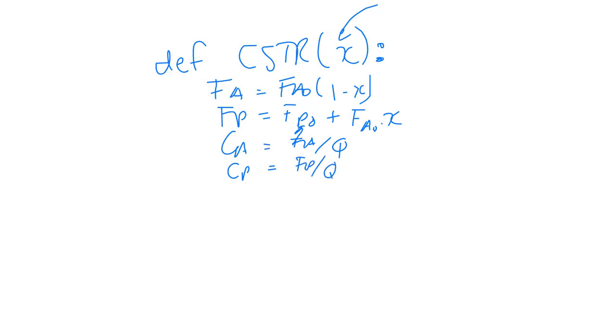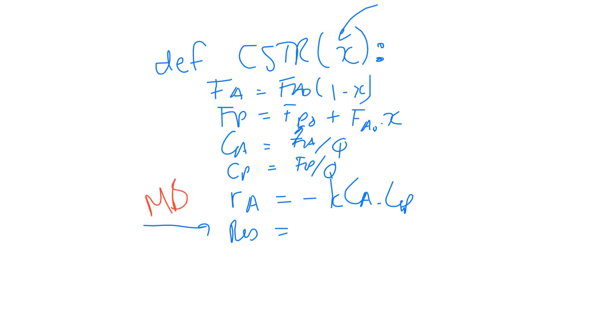So then let me just make more space. And then I can calculate my rate of A, and it's CA times CP. I think that was the rate. And now the function I want to return, my residual value, the thing that I want to be equal to 0, is of course going to be my mole balance. So the mole balance must be equal to 0, and I'm going to have FA naught, which was hopefully now defined in my parameter values.